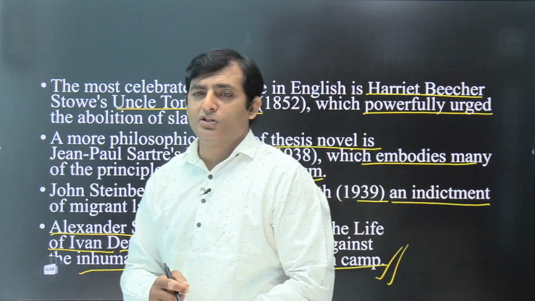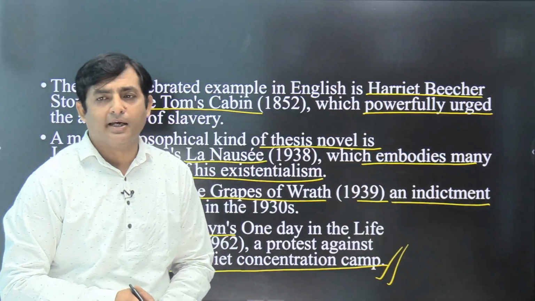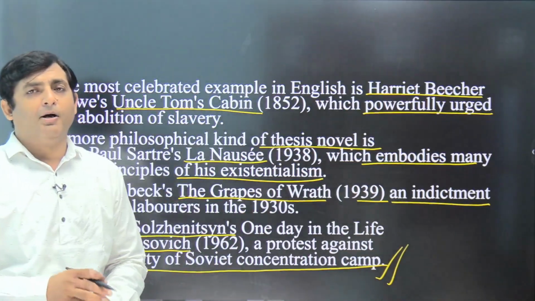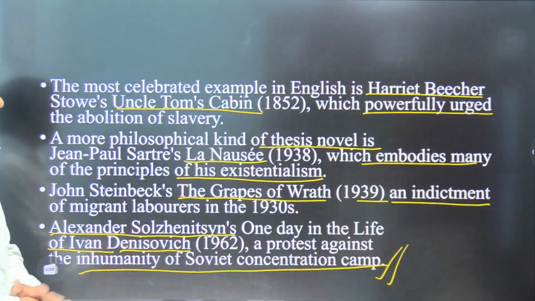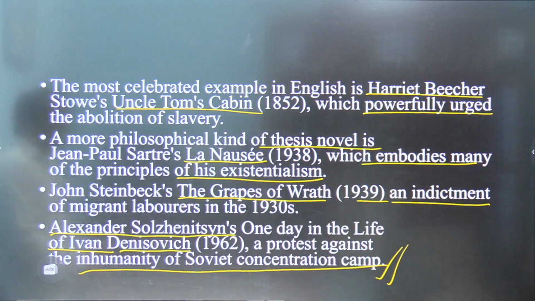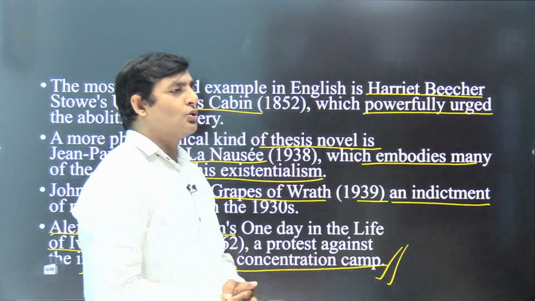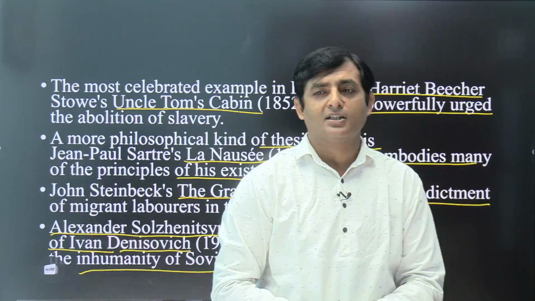Harriet Beecher Stowe's Uncle Tom's Cabin. Then Jean-Paul Sartre's novel La Nausée, and then John Steinbeck's novel The Grapes of Wrath, and then Alexander Solzhenitsyn's One Day in the Life of Ivan Denisovich, a protest against the Soviet Union's concentration camps.